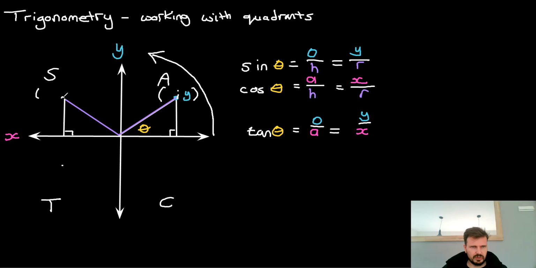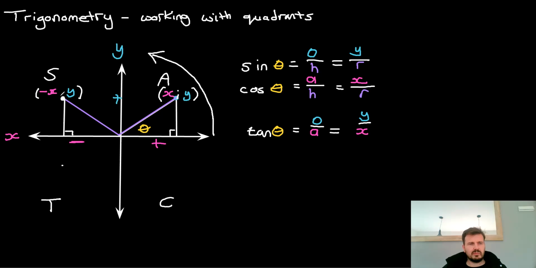If we do the coordinates over here, notice that in this quadrant, x is negative, right? X is negative here and positive here. So technically we have a negative x, but our y is still positive here.